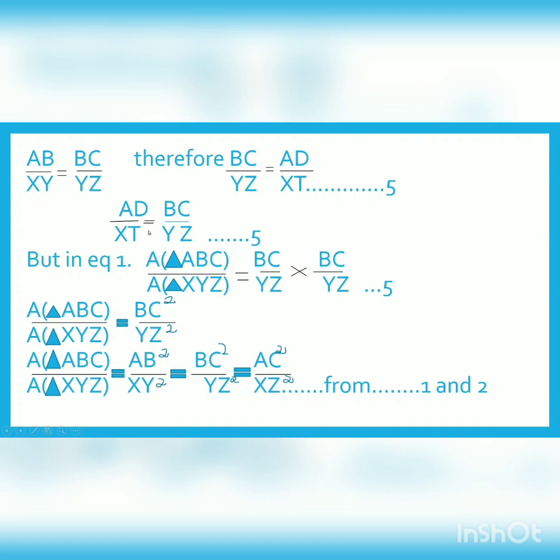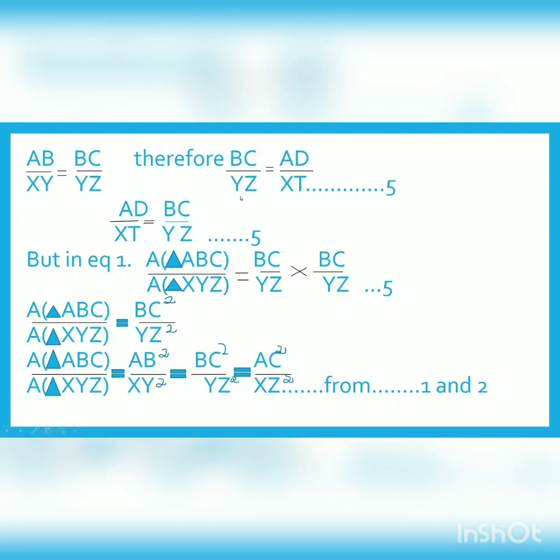In equation 1, area of triangle ABC upon area of triangle XYZ is equal to BC into AD upon YZ into XT.